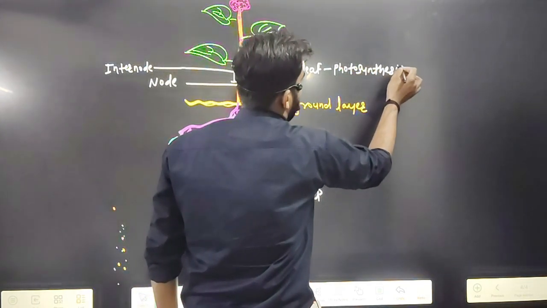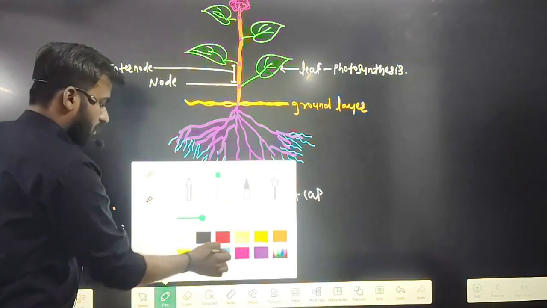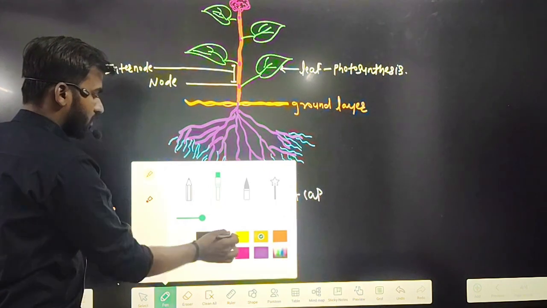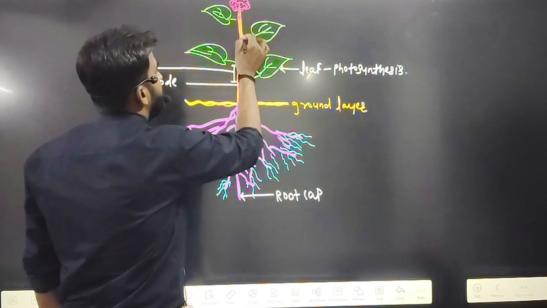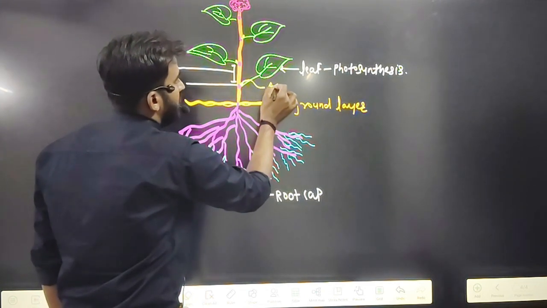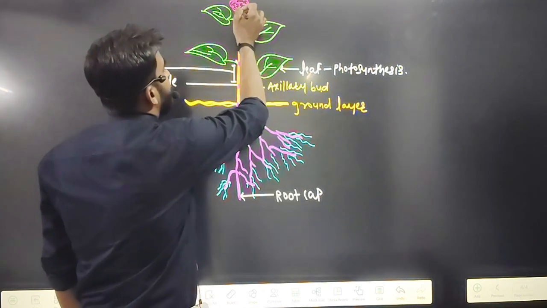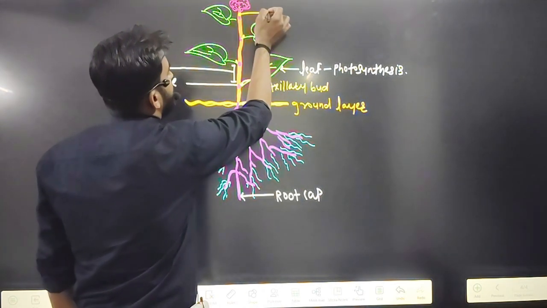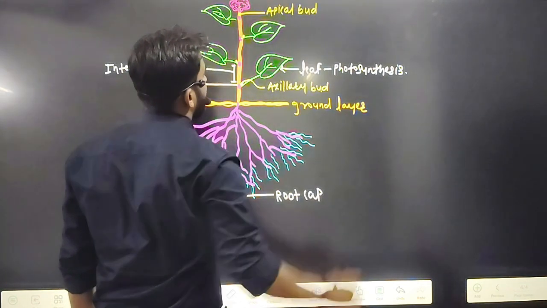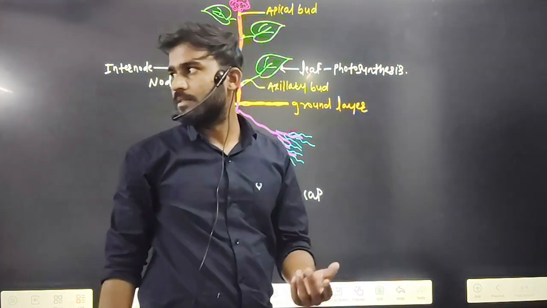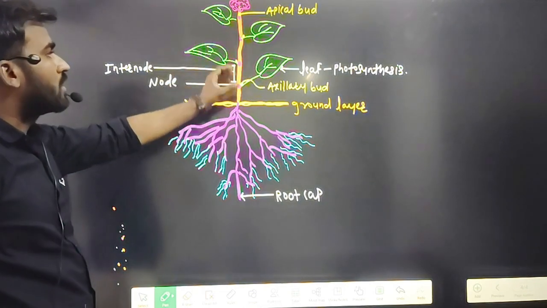Here there is a bud, and in the axil it is called the axillary bud, and on the upper side there is one bud called the apical bud, which has the ability to form the plant. So axillary bud and apical bud, these two buds occur in the plants.